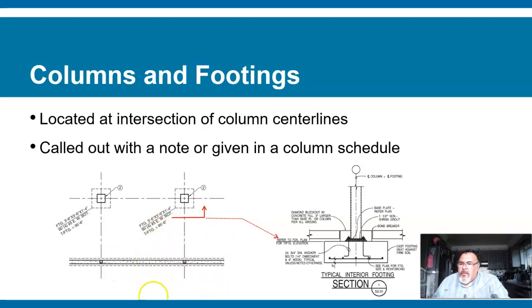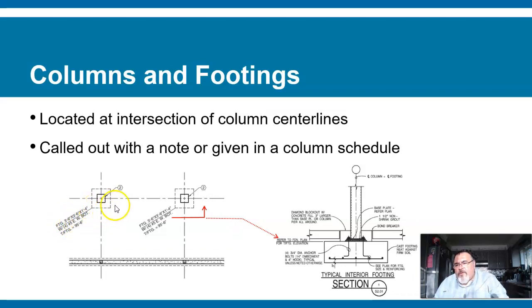And then you see that it's got a note to it saying number 2, which would describe what that part is. But you can see here the dashed line says footing 3'6" by 3'6".